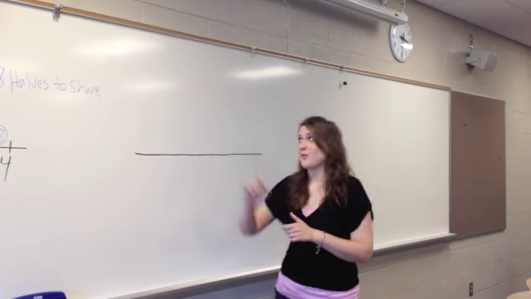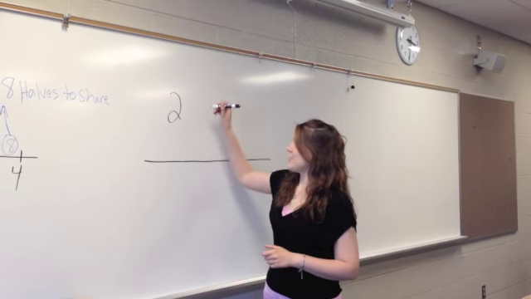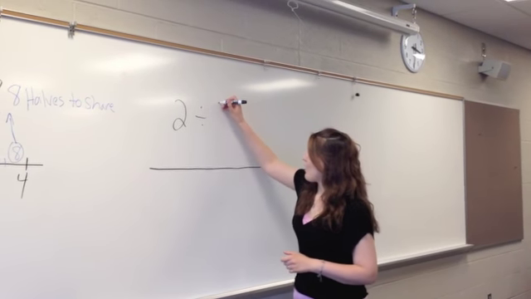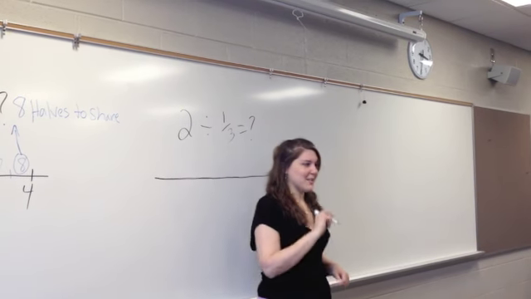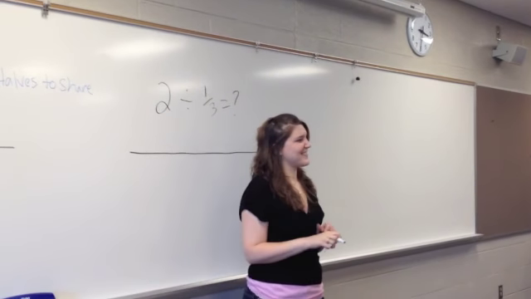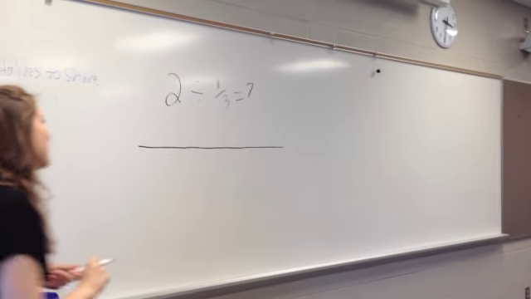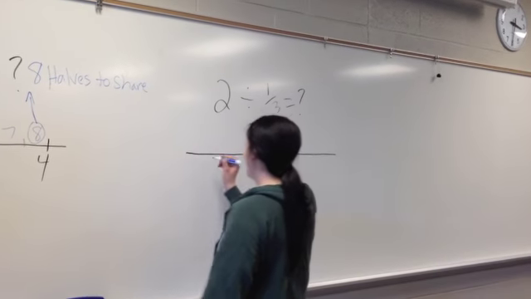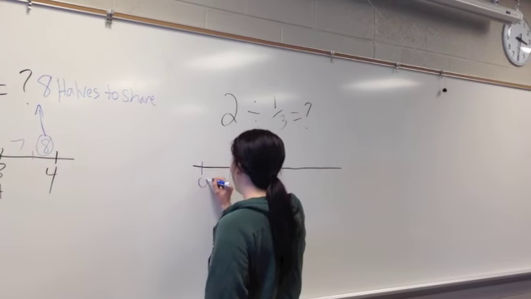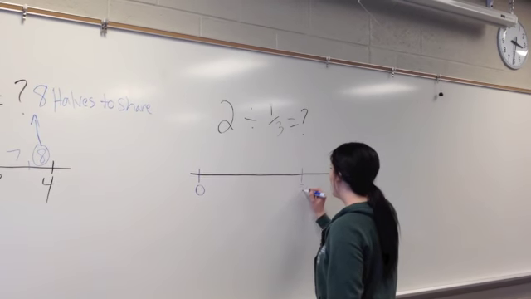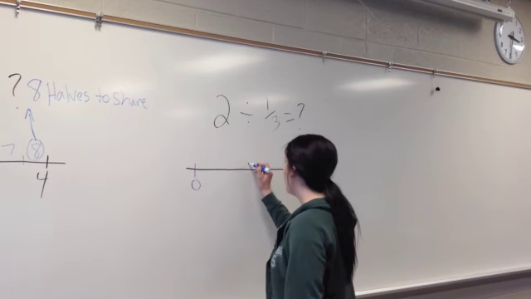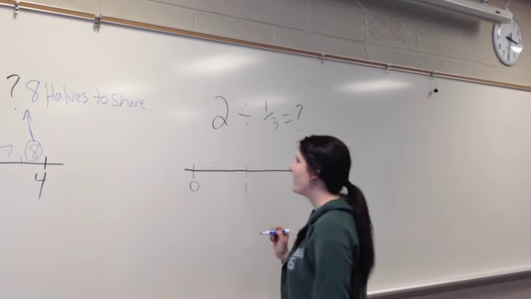Alright, so we are going to have 2 pizzas divided by 1/3. Now I want you to do it, and I picked Rebecca. So show me how you do this problem. Start with 0. Good job. And then we're going to 2. Put a 1 to finish the line.